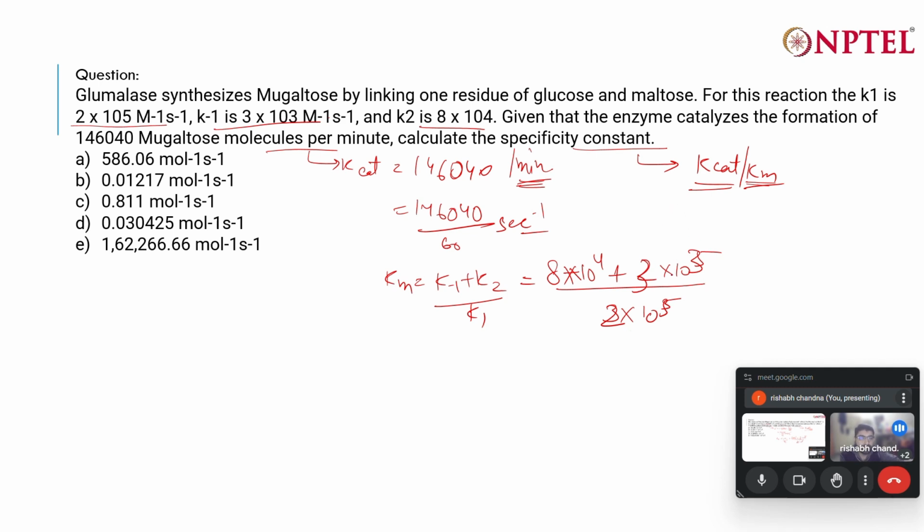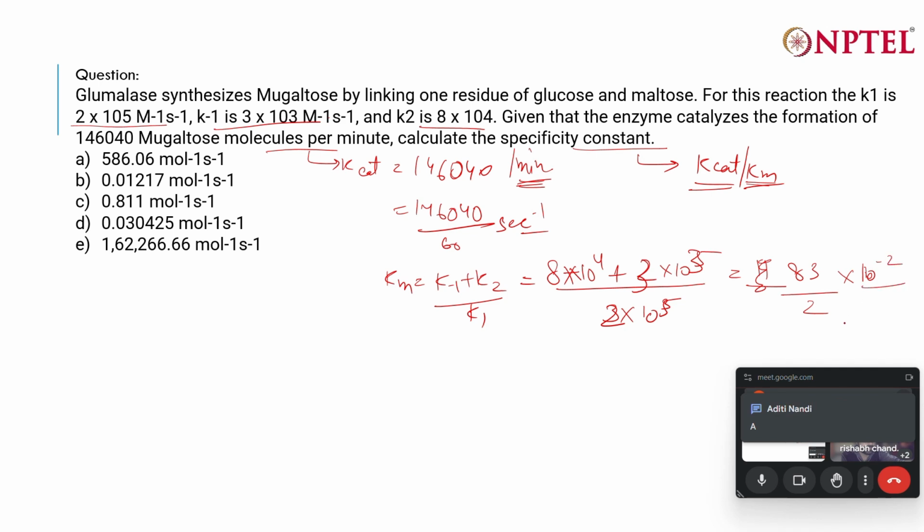So from this, first we'll calculate the Km. That would come around, sorry, this would be 83 by 2. So this would be the Km value.